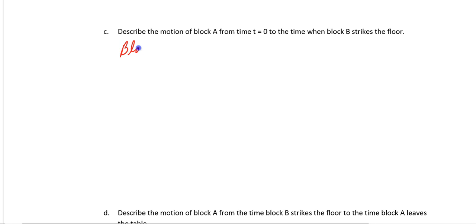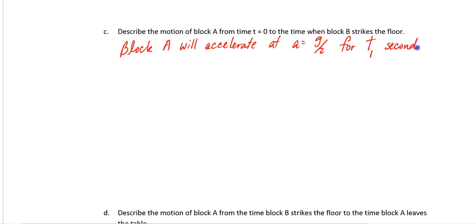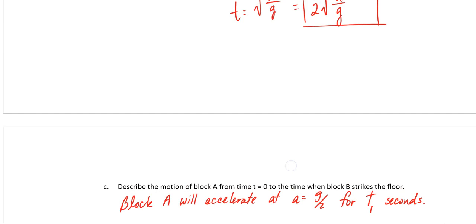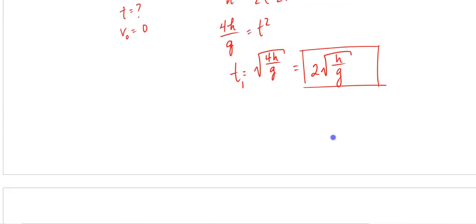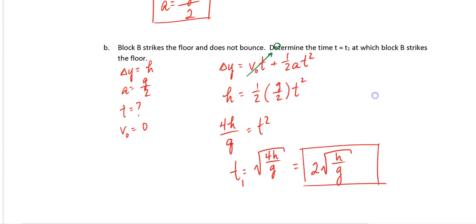Block A will accelerate at a equals g over 2 for t1 seconds, right? Where t1 is the value that they asked for up here, right?